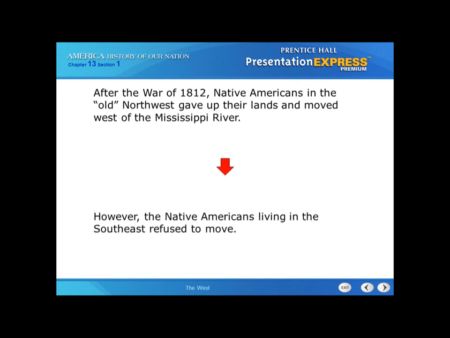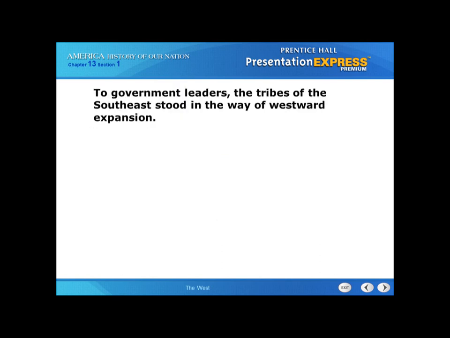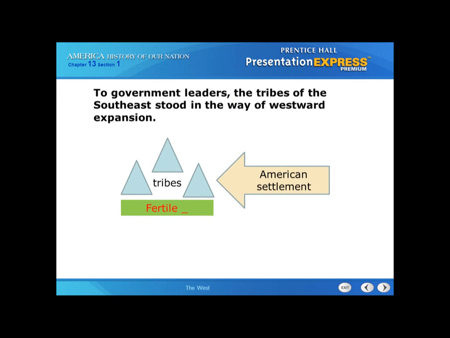However, the Native Americans living in the Southeast refused to move. To government leaders, the tribes of the Southeast stood in the way of westward expansion. As you can see from the arrow here, again, American settlement, driving westward, you see the native tribes, fertile farmland.